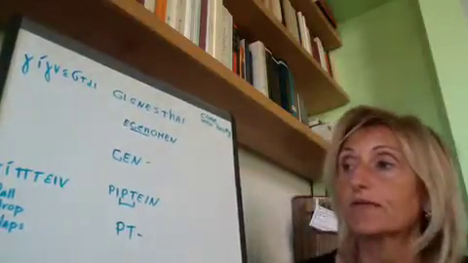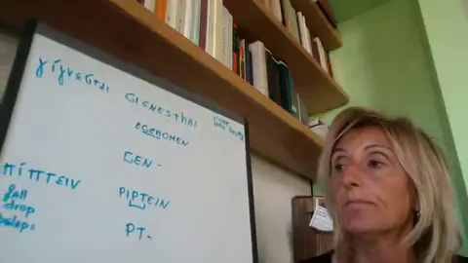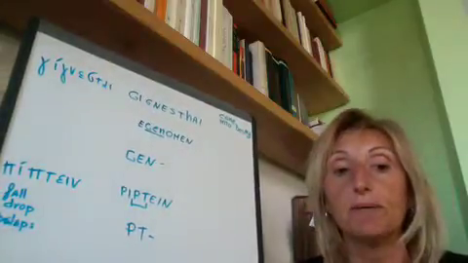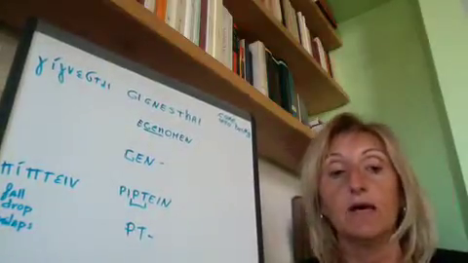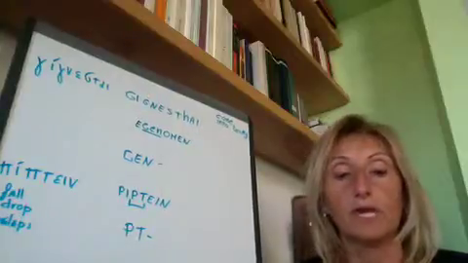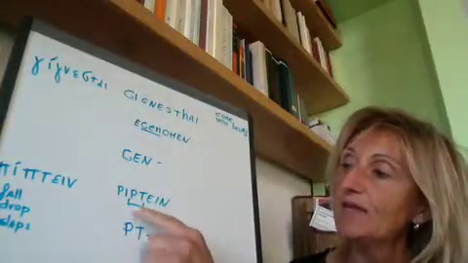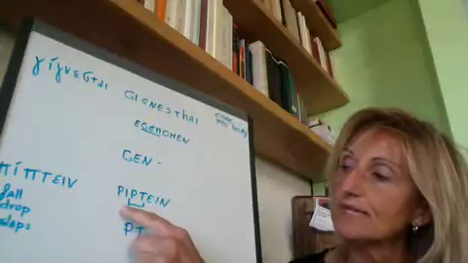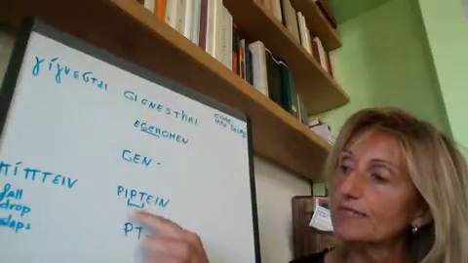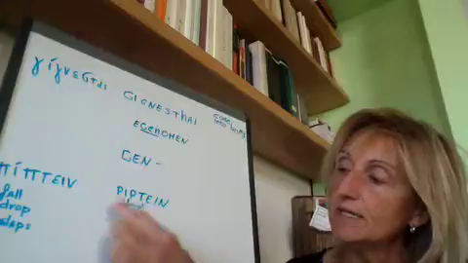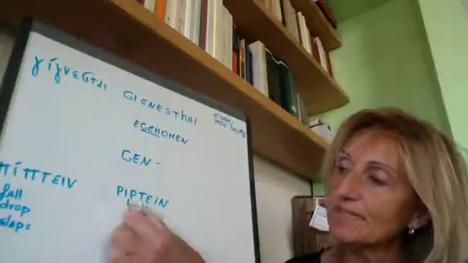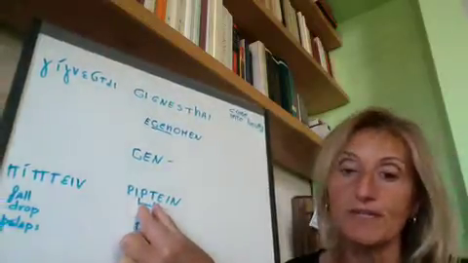Same thing, for example, for the verb piptein, that means fall, drop, prolapse, that has a double form in the present, but it gets only the basic form.